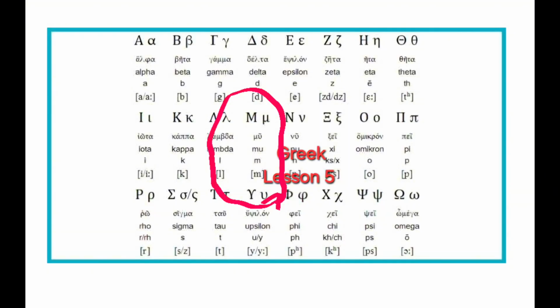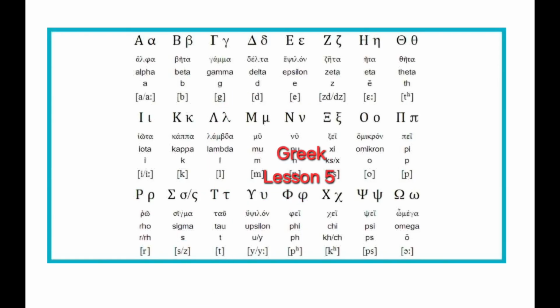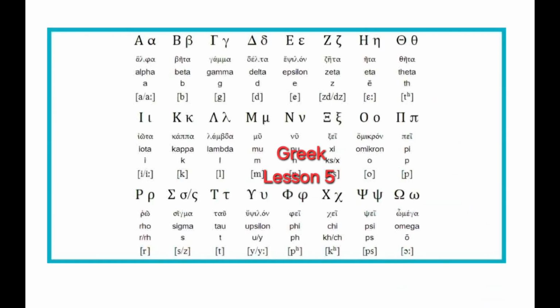And so we have mu, nu, and even tau. Something becomes apparent when we look at Omicron and Omega as O micro and O mega. Could that be possible, that it's little o and big O, O micro, O mega?